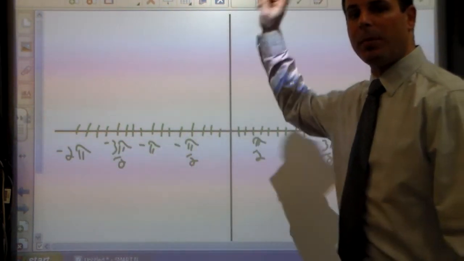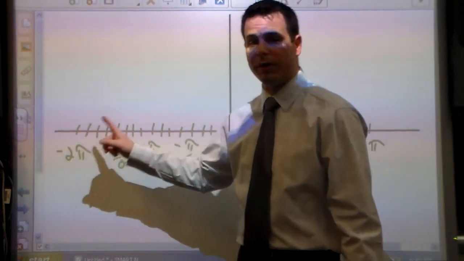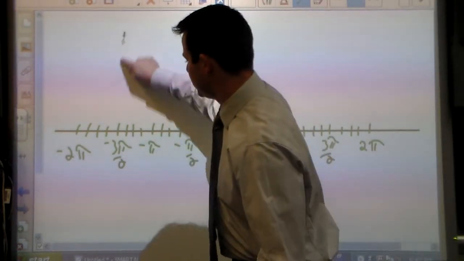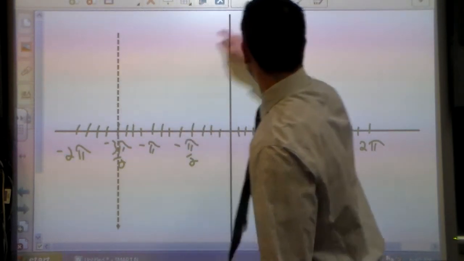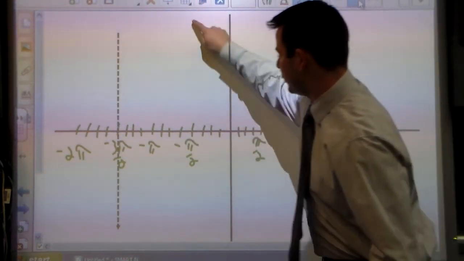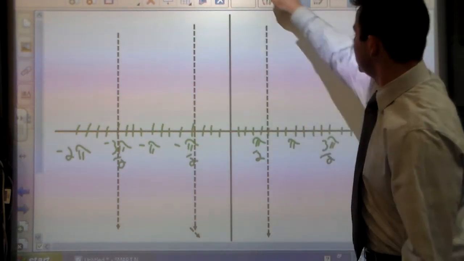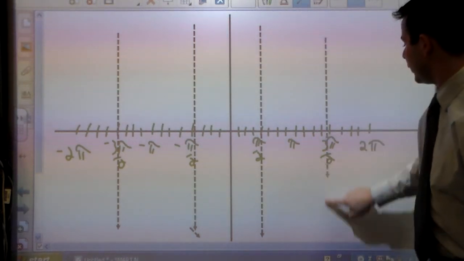Okay, so I set up my axis. Now I'm going to put my asymptotes in there. The asymptotes are at all of the over 2's. So put a dotted line there, over 2, over 2, over 2, and over 2.